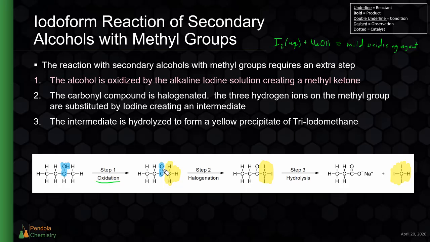So we can oxidize a secondary methyl alcohol into a methyl ketone and therefore get a positive iodoform test, with the same subsequent two steps that methyl ketones and methyl aldehydes undergo. So that's it. That's the iodoform test, how it happens, what the iodoform is, and remember that we can test the iodoform by making sure its melting point is 119 degrees Celsius.